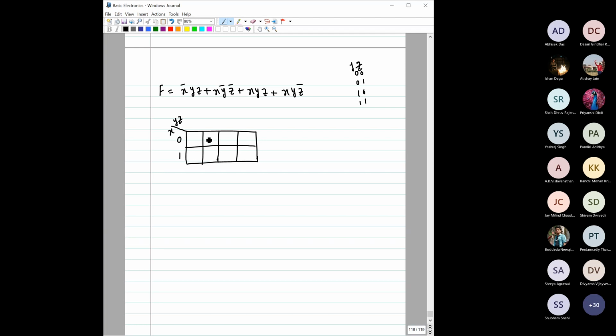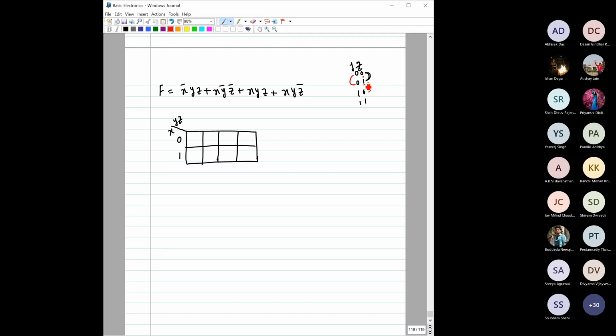But while putting it in the Karnaugh map, you have to be careful that only one variable changes between 2 consecutive blocks. For example, from 0 0 to 0 1, only Z is changing, so only one bit is changing.